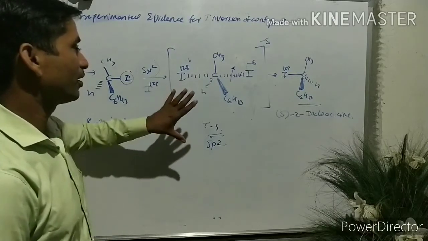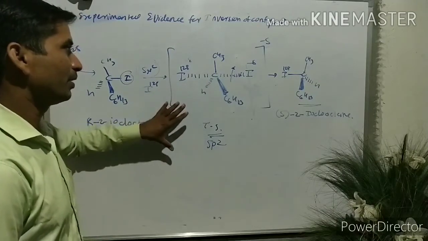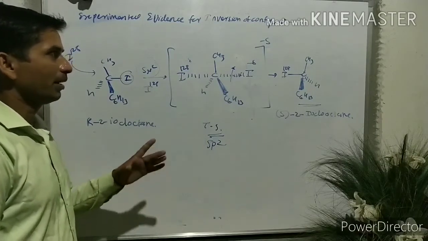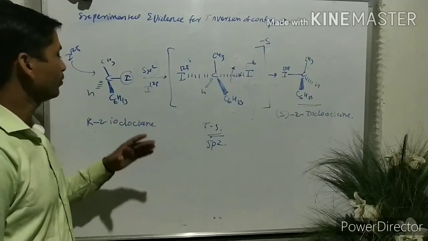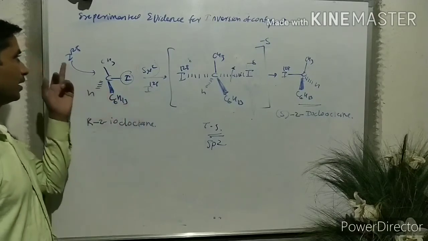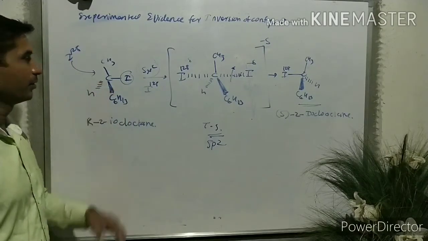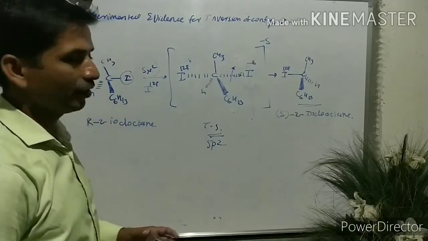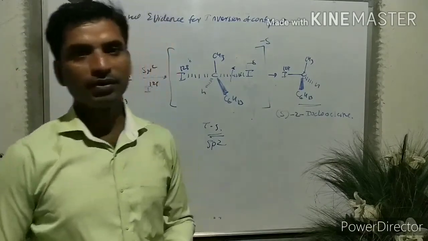So this experimentally proves that there is inversion of configuration in the case of an SN2 reaction. This is possible only when there is a backside attack of the nucleophile.